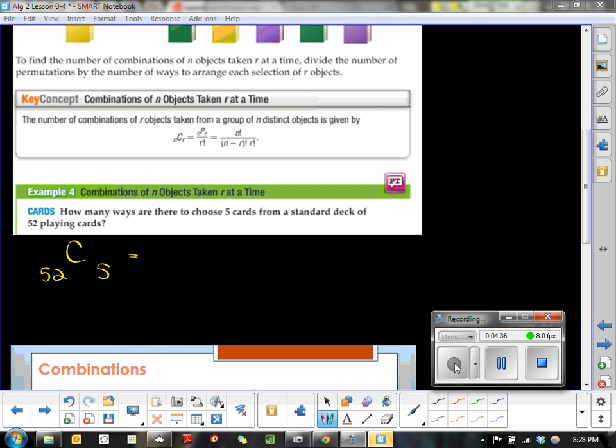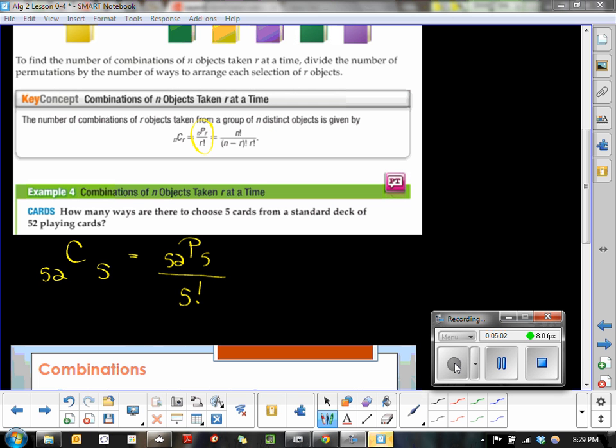Now, you could look at it a couple different ways. You could do this as a permutation, but then divide by the permutations of how many objects you chose. So in a sense, I'm going to look at this definition and expand it. Really what we're going to do is take 52 objects, taken 5 at a time. But we don't care what order they're in, so take those 5 objects that we have and get rid of all the orders that they could come in, the 5 cards in that order.